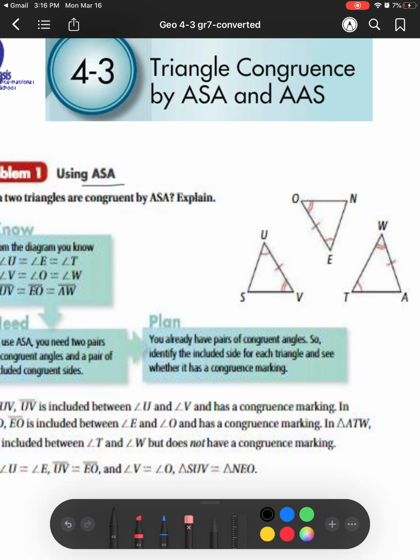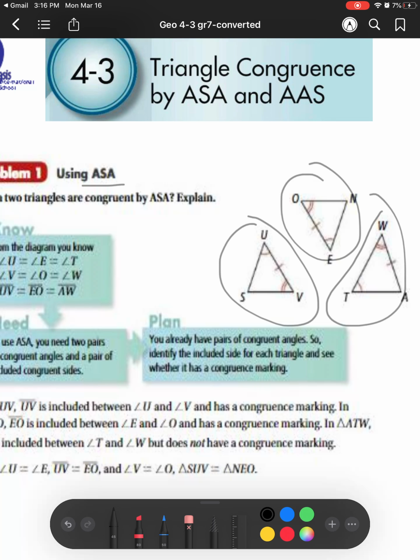ASA means angle, and in the middle a side, and angle. Just by looking, I'm seeing that here I have angle and side in the middle. This one, angle and side in the middle. The third one, I have angle and the side not in the middle, not included between them.